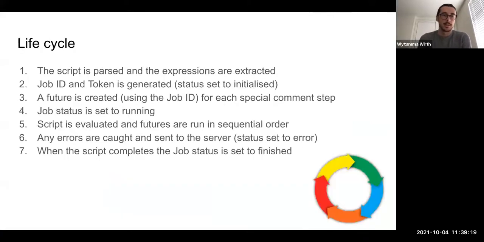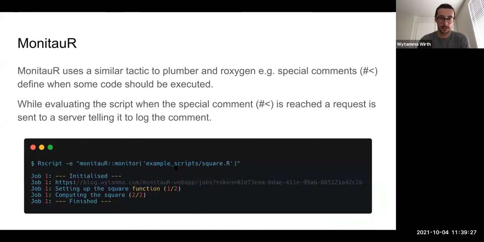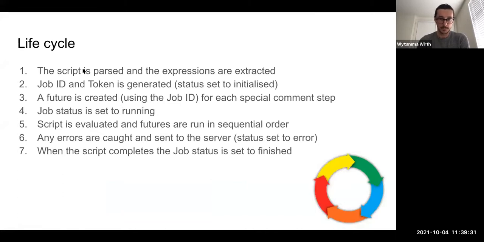There's a little bit of a life cycle to this project. When you pass the script here, say, to this example square script, the script is read and all the expressions are extracted. Each code block within the file is extracted. Then a job ID and a token are generated.